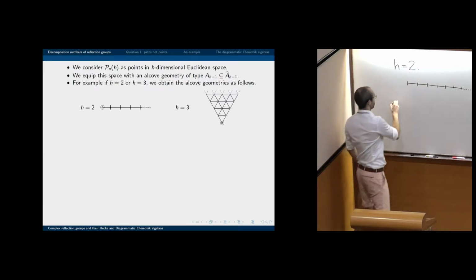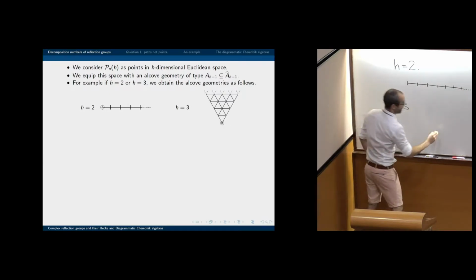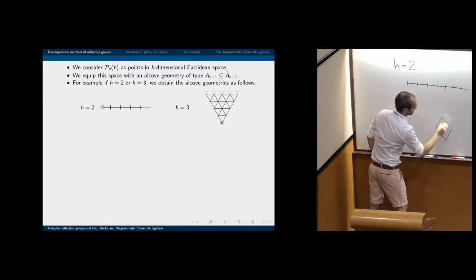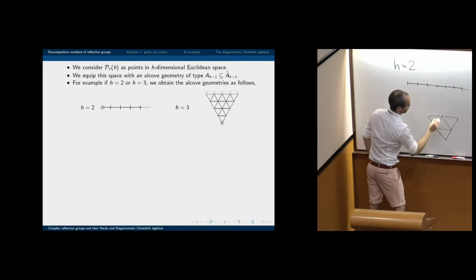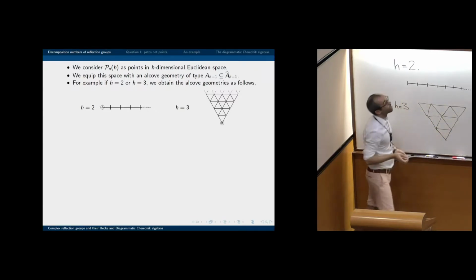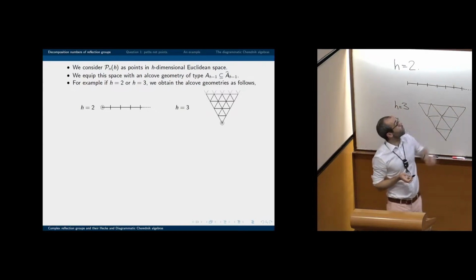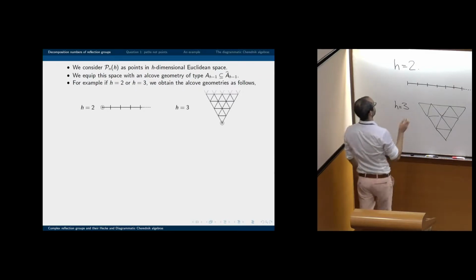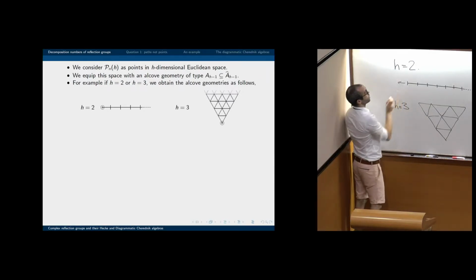And if H is 3, we see triangles going like this. And if anyone doesn't like the parabolic part of this geometry, just notice that if I'd carried on in this way, that would be affine, that would be S2 geometry, but I've taken a dominant region, so I've factored out by the reflection of the first S2.